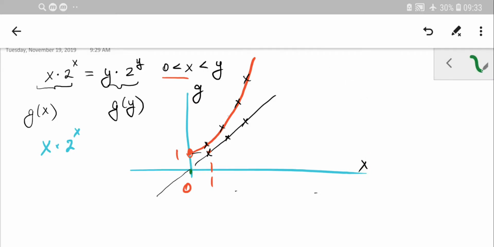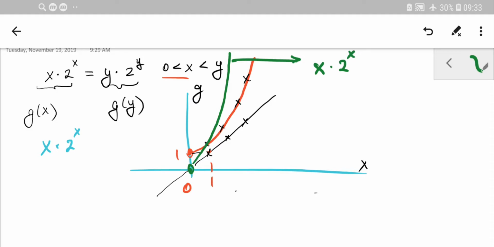So it starts from 0, but 0 is not included, and then grows much faster due to multiplication. So that's why this is the resultant curve for the equation x times 2 to the power of x.